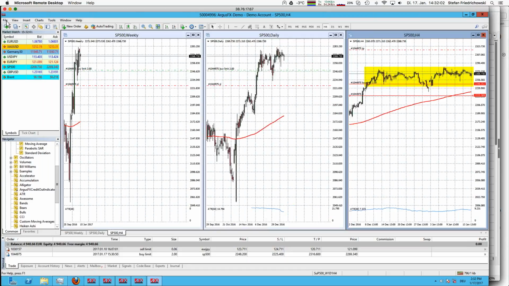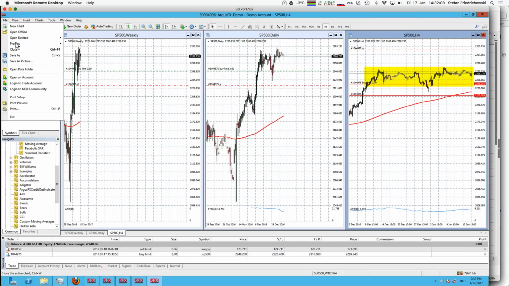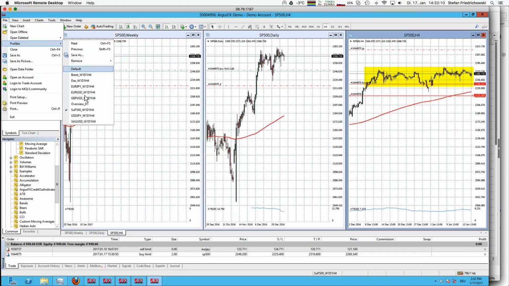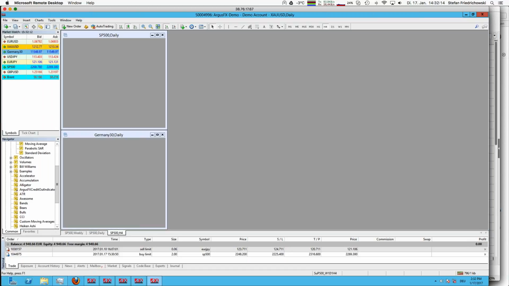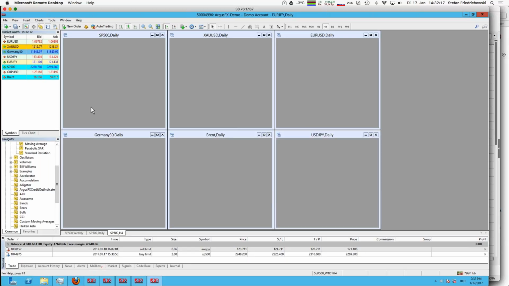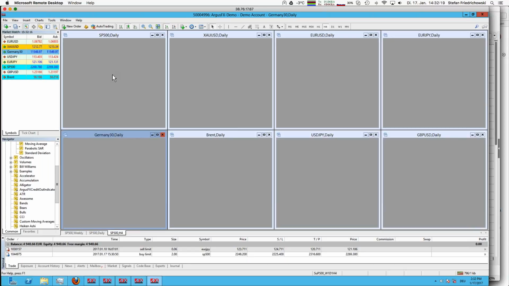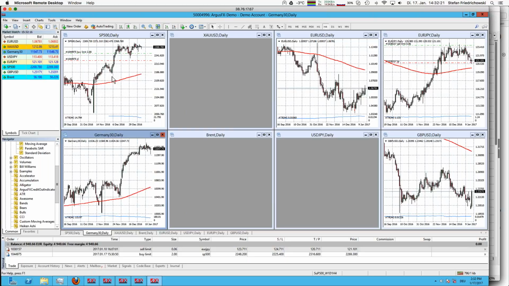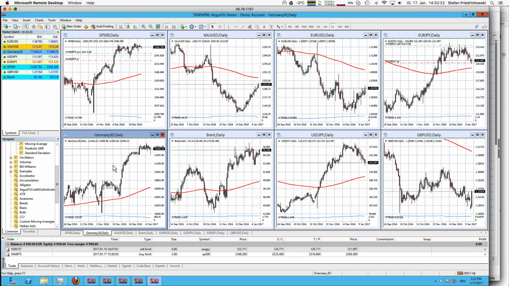So let me go back to my overview, because I want to make some additional comments now for going to the next underlying. So normally my next underlying would be to investigate the DAX value, so the Germany 30.